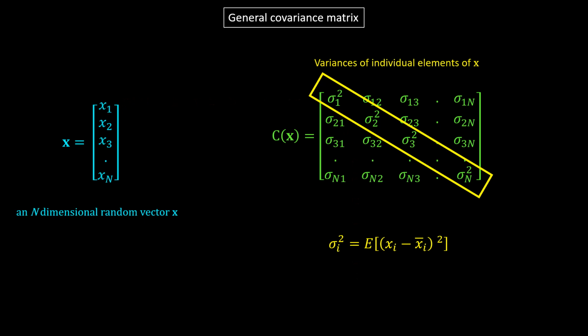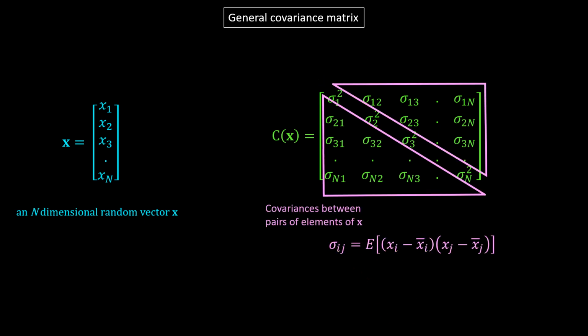The diagonal elements of a covariance matrix specify the variances of respective elements of the x vector. Variance is the square of standard deviation. The definition of variance is the expected value of a random variable minus its mean, squared. Off-diagonal elements of a covariance matrix specify covariances between pairs of elements of the x vector.